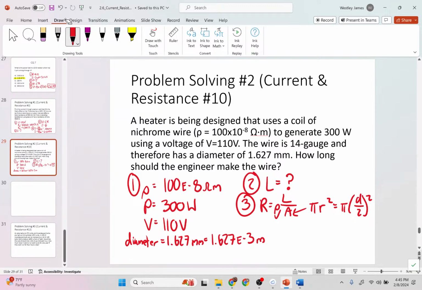This is the thought process for solving a problem. These are the questions that you kind of ask yourself. So, see if y'all can find the equation that finds R. Based on having power and voltage, what equation will let me find resistance?